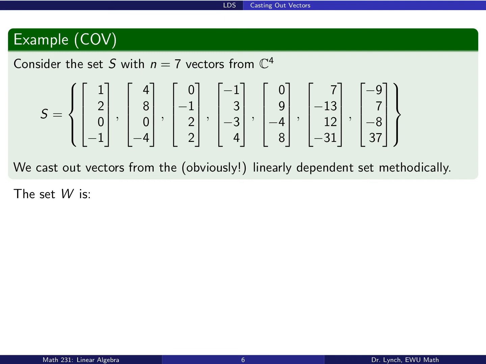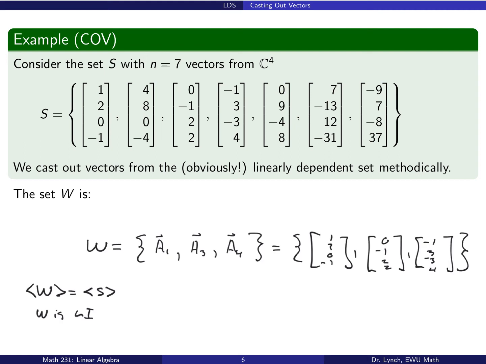So this set ends up being the set a1, a3, a4. As it turns out, we end up with a set W such that W has the same span as S, and moreover, W is linearly independent. This is a super great characteristic, that we can cast out vectors until we end up with a linearly independent set.